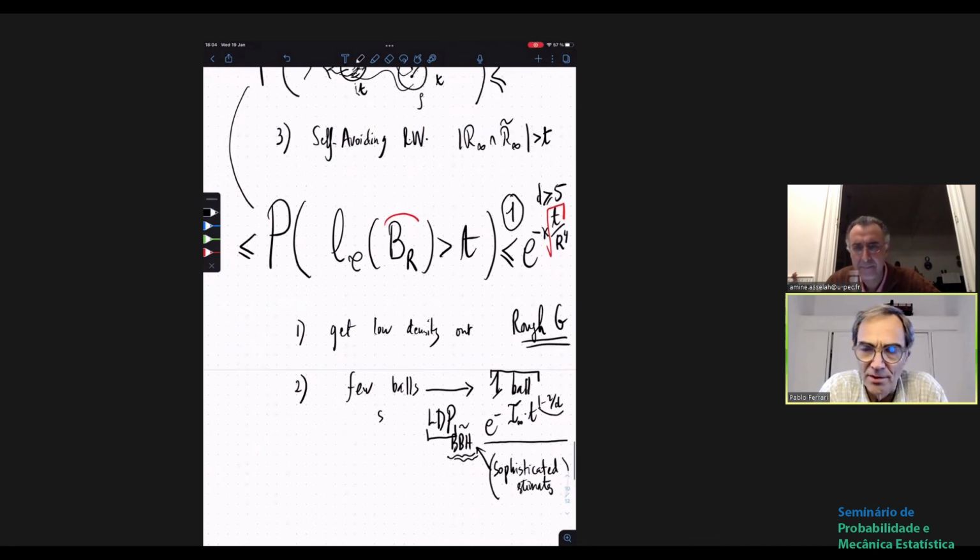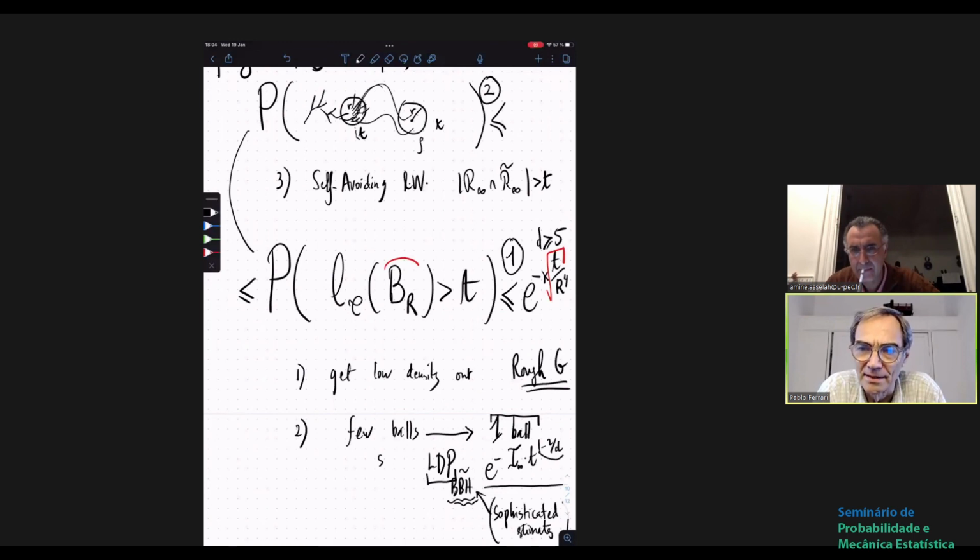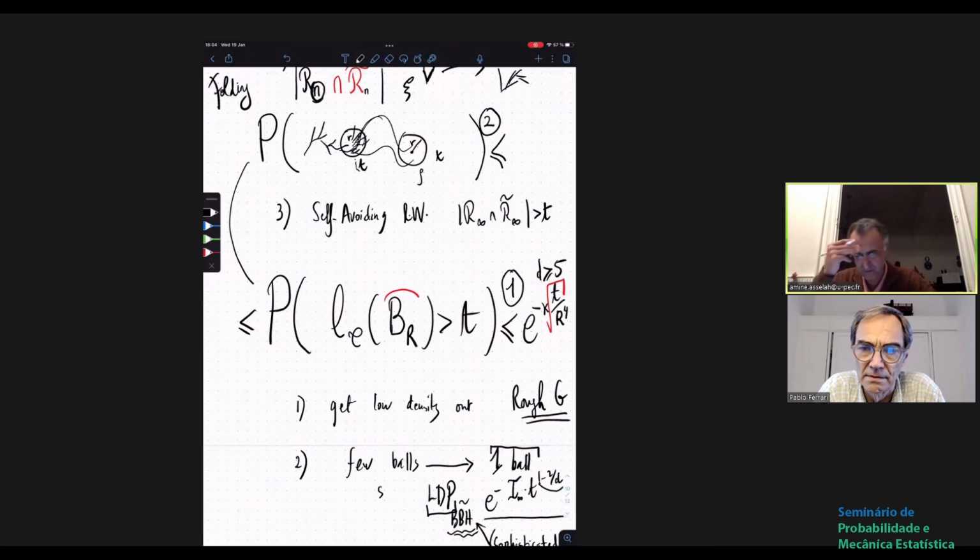What happens with loop-erased random walks? Would you have any idea? Is it the same as self-avoiding? No, I think it's much simpler than self-avoiding. But you're right, it's a nice question for loop-erased random walk. In dimension 5 and more, there is a way to define an infinite time horizon loop-erased random walk.